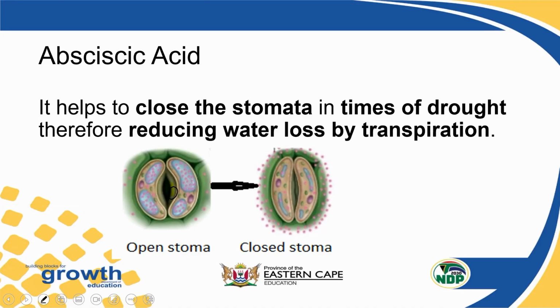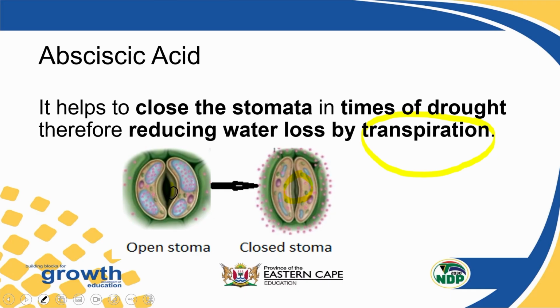So the leaves usually open so that they can lose water through the process we refer to as transpiration. Then in order to reduce that during drought, the leaves have to close their stomata so that they don't lose too much water to the outside, and as such they don't dry up or wilt until they die.